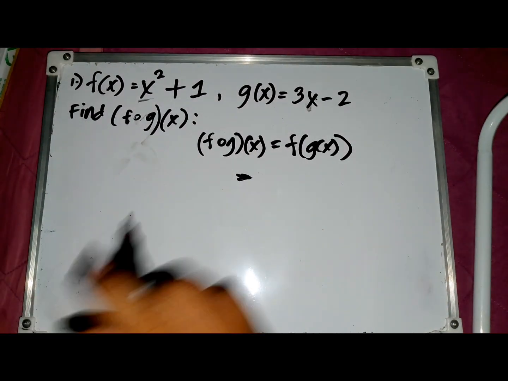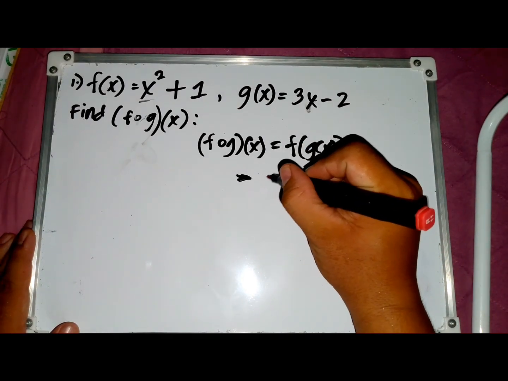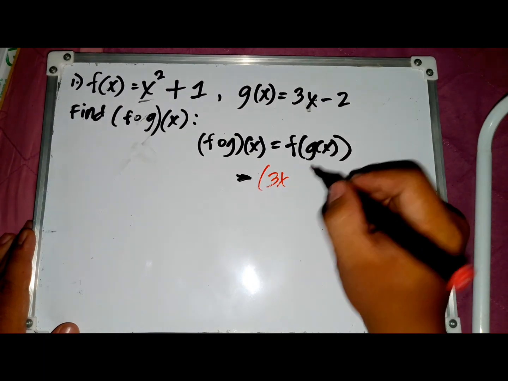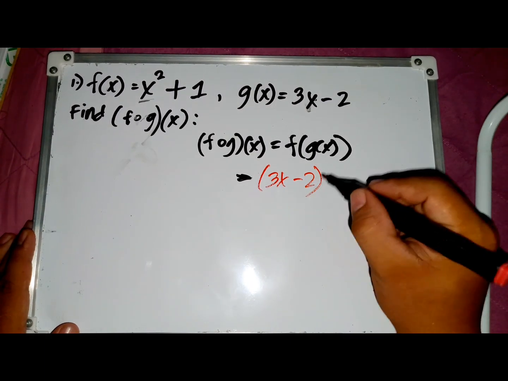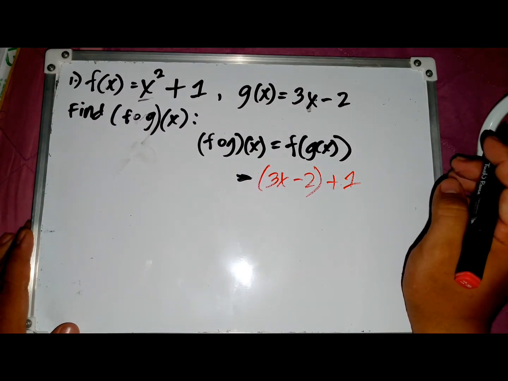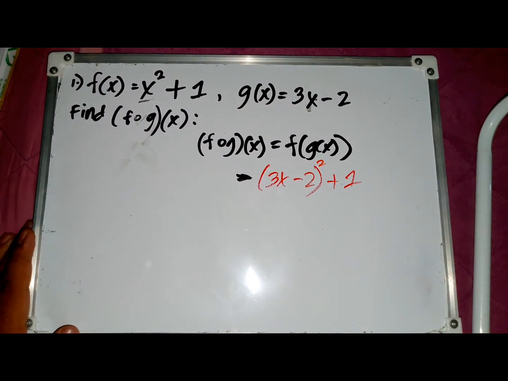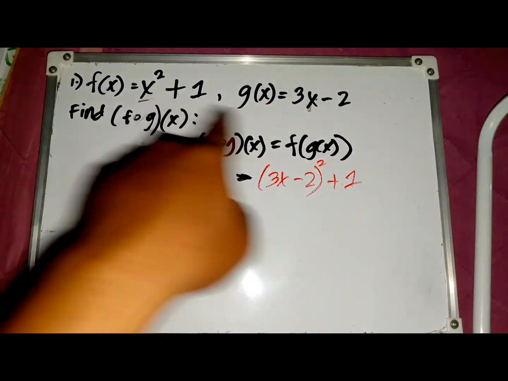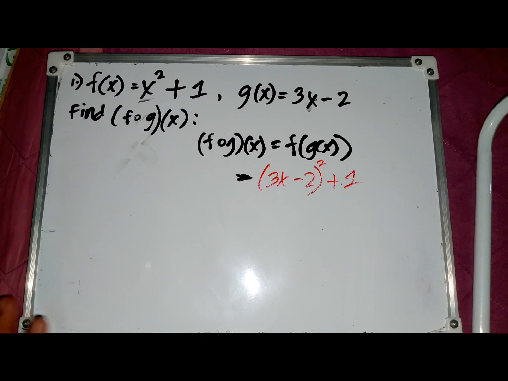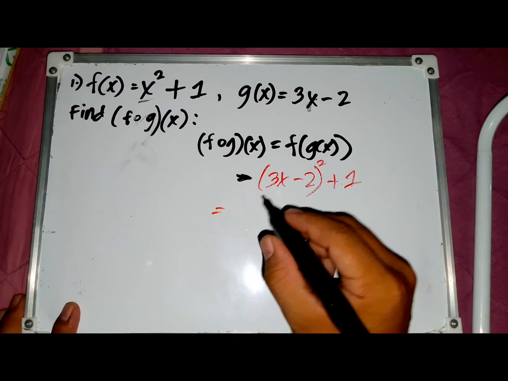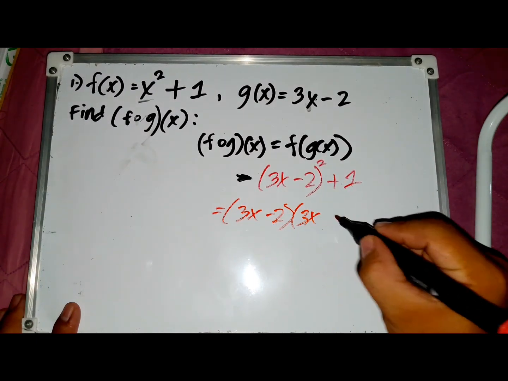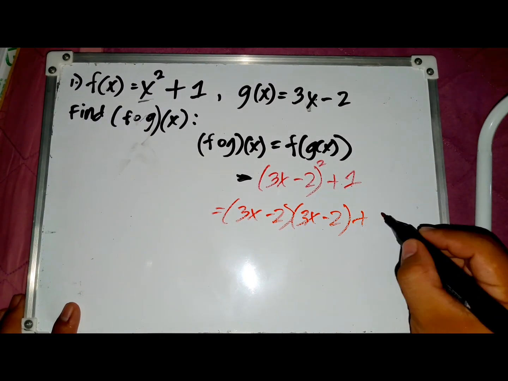We write g of x, 3x minus 2, then copy the plus 1. Squared, because the x here is x squared, so 3x minus 2 squared, and we need to simplify it.